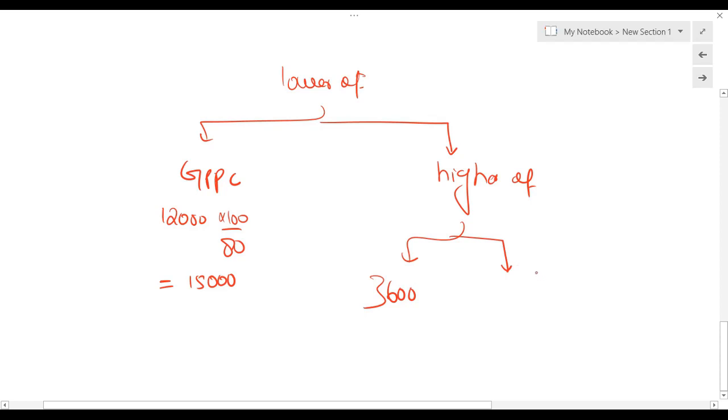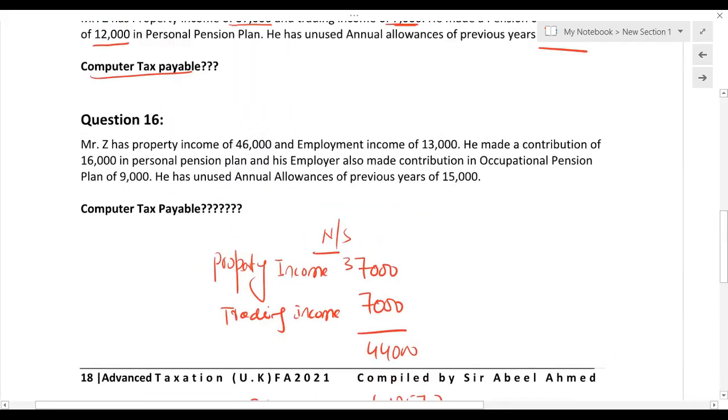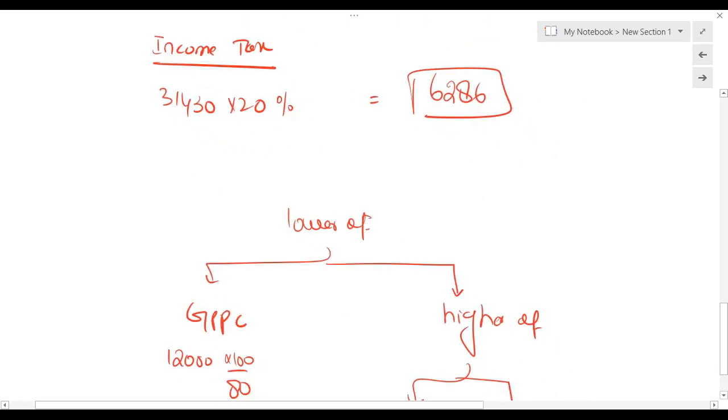And total of relevant earnings. We have three types of relevant earnings. Relevant earning means three incomes: employment income, trading income, and income from furnished holiday letting. In this question, we have only trading income 7,000.